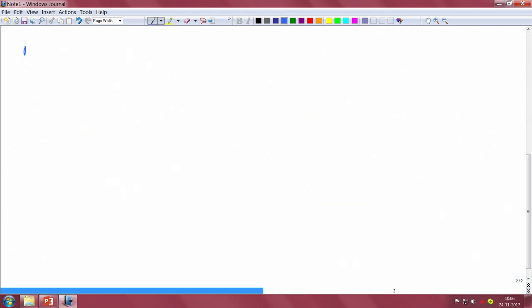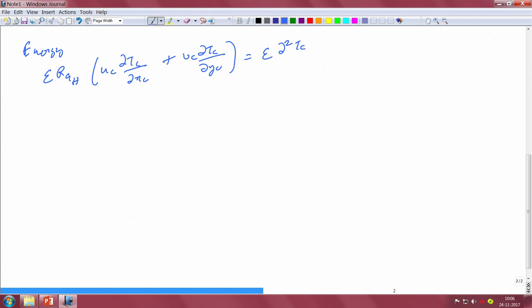Similarly, the energy equation, where your epsilon was basically h by L squared, which is much less than 1.